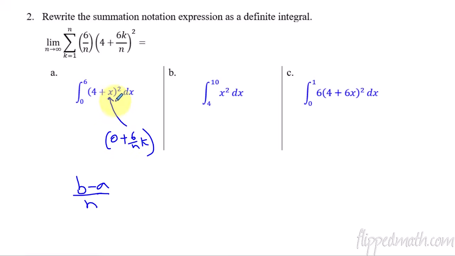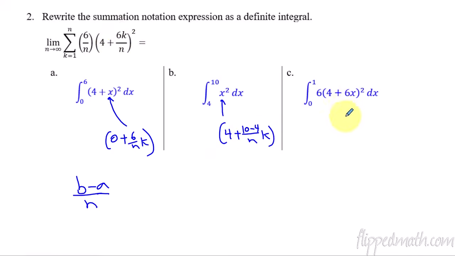Okay, so that's why this one works. Here's another example. If we started at 4, that would include this 4 as your a, and it still has a difference of 6. So that's why this one can work. This x right there would be your 4 plus 10 minus 4 over n k, and that's where it would work out to be the same thing.